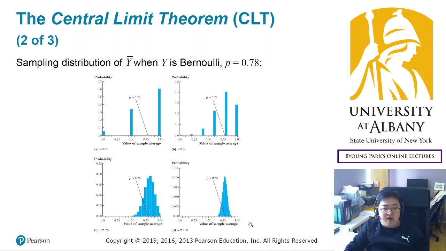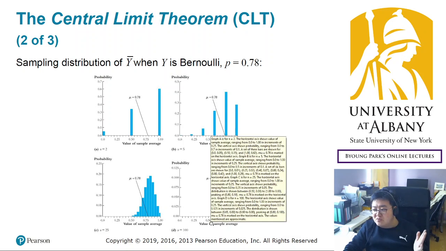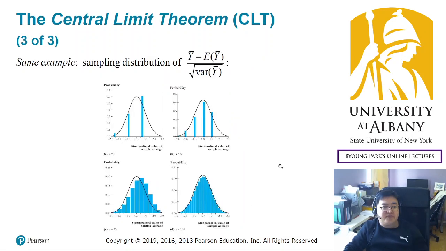This is the central limit theorem. So the central limit theorem focuses on the shape, which is the normal distribution shape, which is the bell curve. So as you see, if you compare the graph with the normal distribution you expect, this is very close to, very well approximated by a normal distribution.